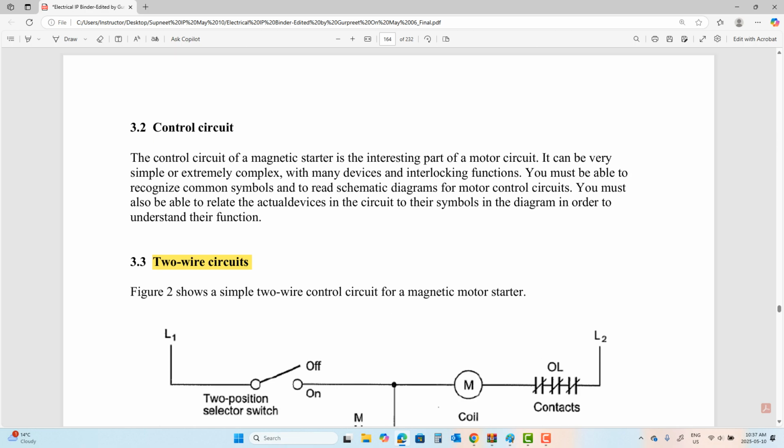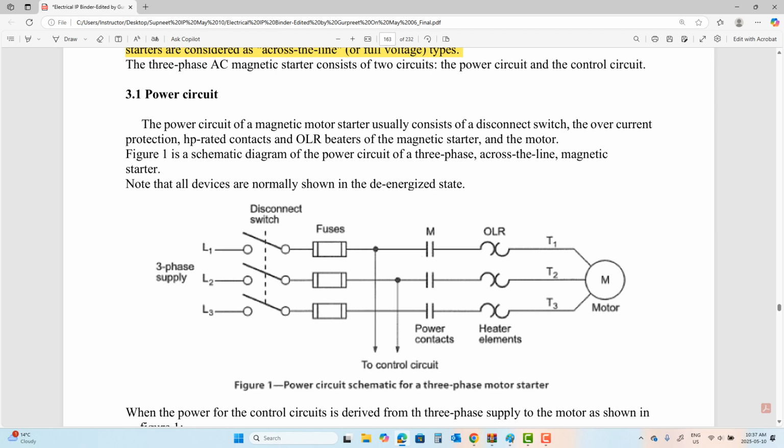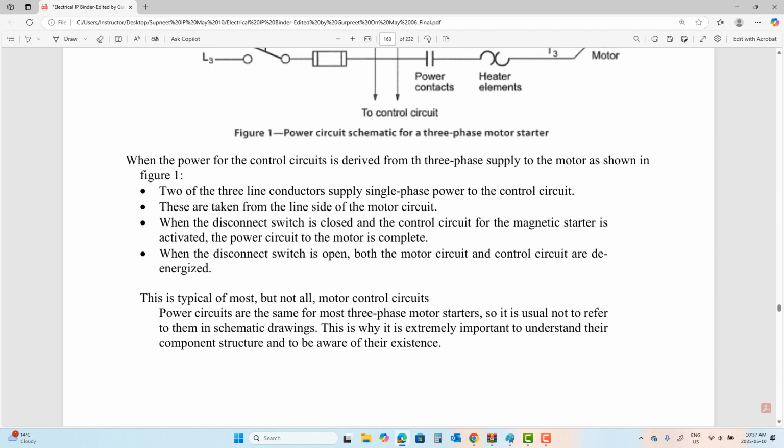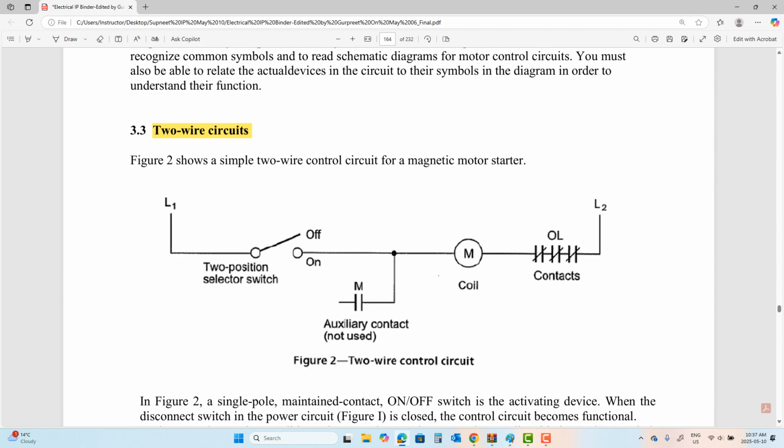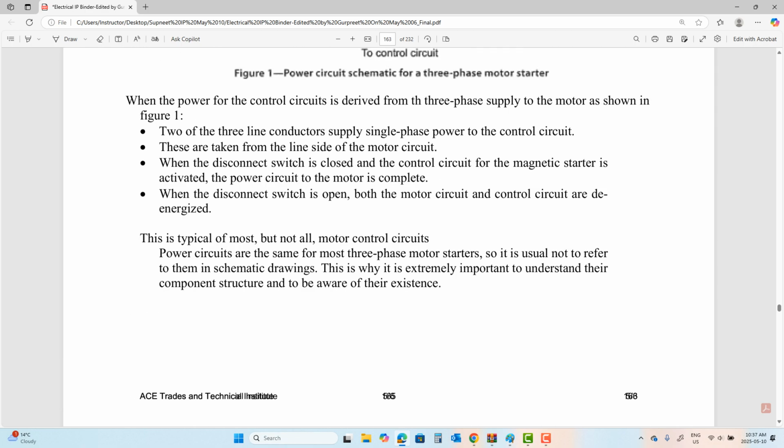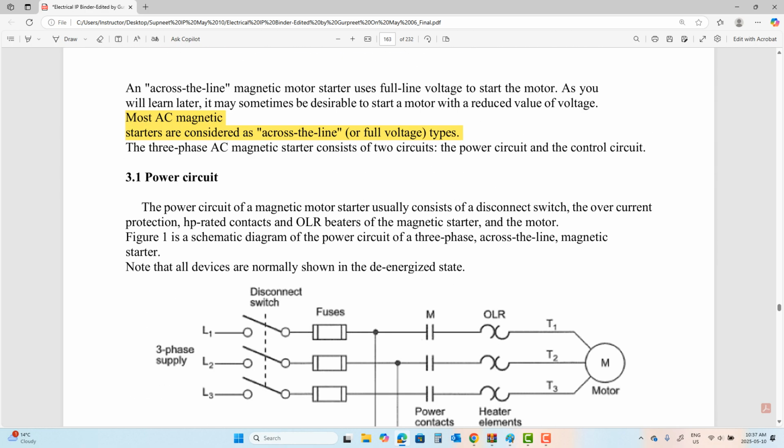These OL contacts are in harmony with the OLR coils. When they open, current cannot go forward anymore. When the current cannot go forward, M coil will de-energize. When M coil de-energizes, M contacts will come to an open state, and the motor will shut down. So it's doing its job right as an overload protection device, but it cannot provide operator safety.